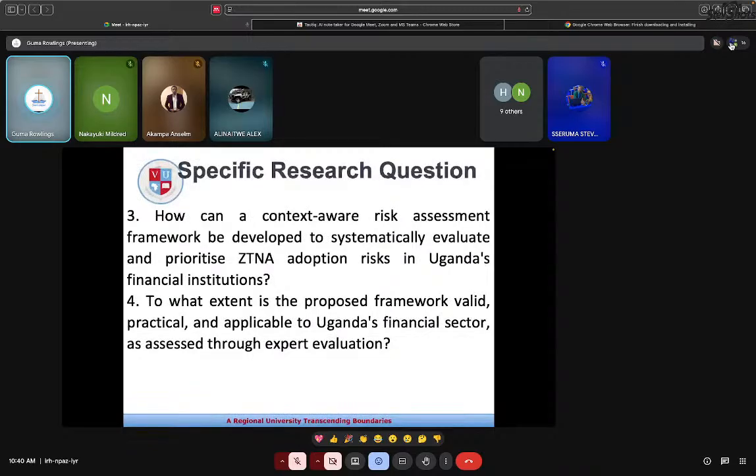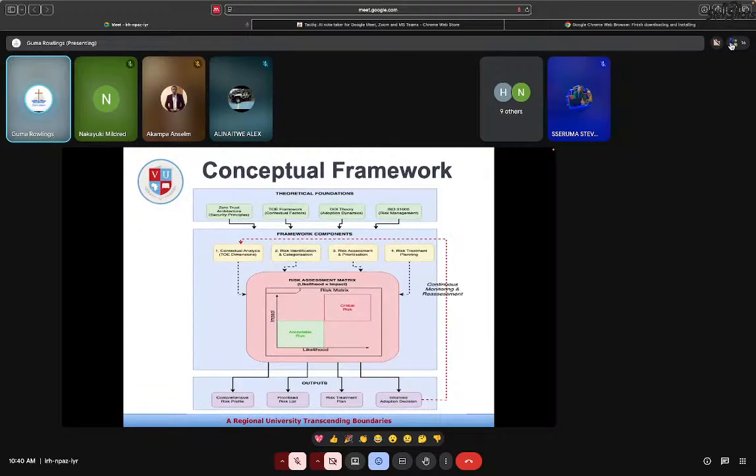Now, here we are looking at our conceptual framework diagram. The theoretical foundation, we are basing on four theories, if you may call them. We have the zero trust architecture, which is the first one. It's the one that is providing our security principles. Do not trust, always verify.